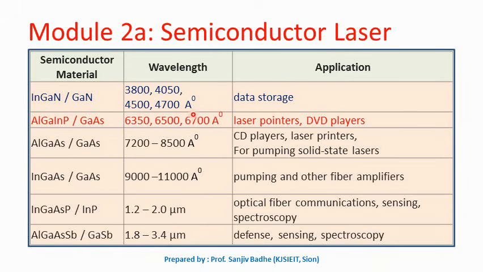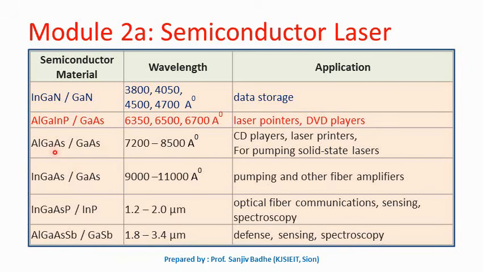All of them will be either blue or violet in color, and this laser can be used for data storage. Then aluminium gallium indium phosphide or gallium arsenide give the wavelengths 6350, 6500 or 6700 angstroms, so red in color. They can be used for laser pointers, DVD players, barcode readers.